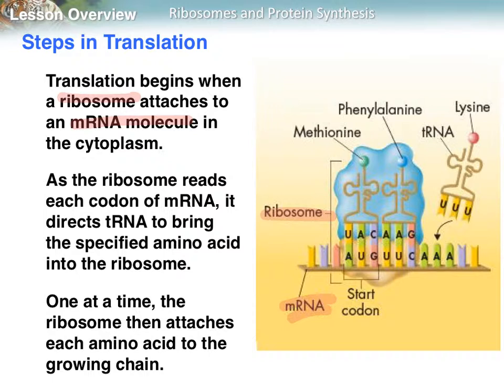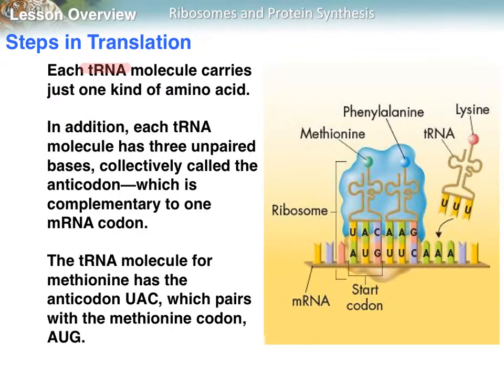As the ribosome reads each codon of mRNA, it directs a tRNA to bring its specific amino acid into the ribosome. So this is a tRNA with its attached amino acid. One at a time, the ribosome attaches each amino acid to the chain.